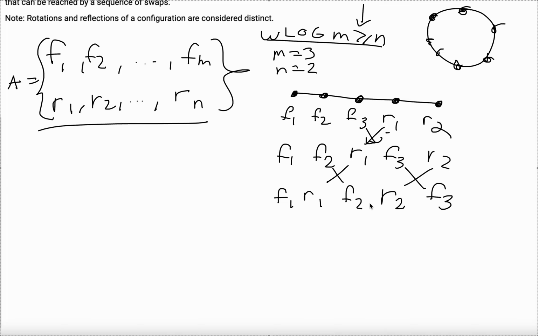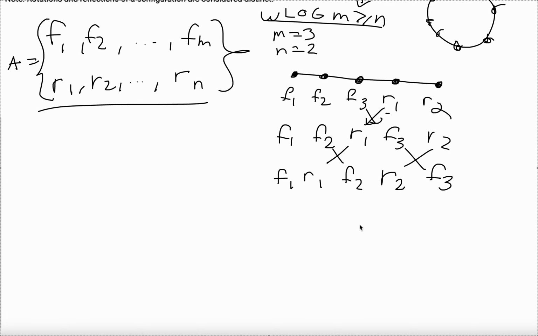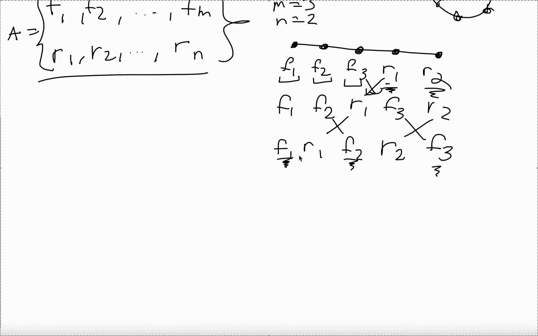And so we can keep doing any number of swaps, but immediately one thing that you realize is that basically the order is going to stay the same. And what I mean by that is F1 is going to happen before F2 or F3. R1 is always going to be before R2. And the reason this is true is because, let's say we want to try to move R2 in front of R1.